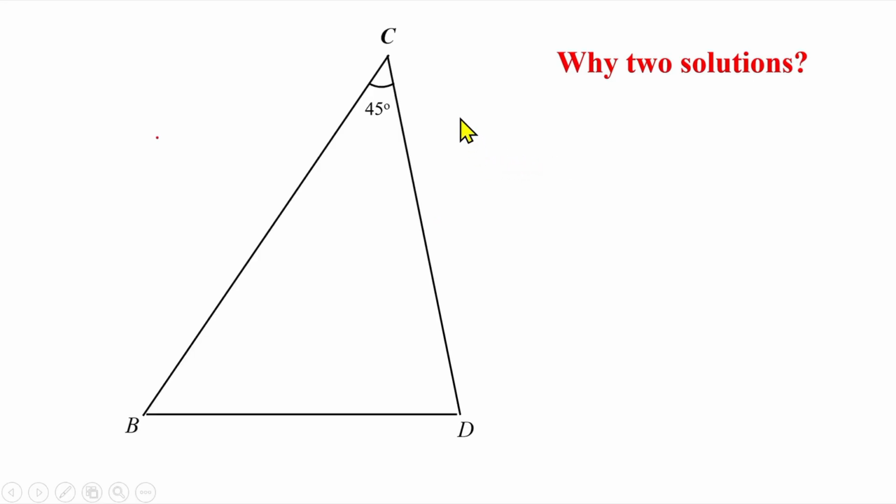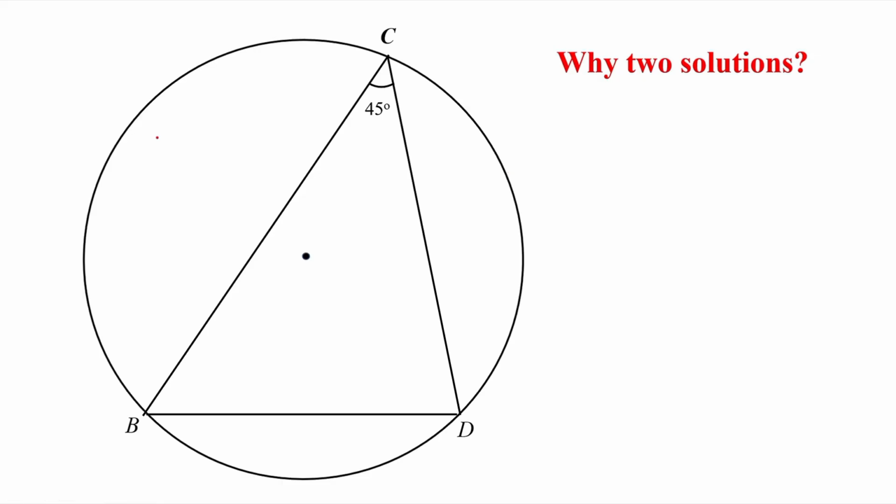So, why do we have two solutions? To answer this question, let's consider arbitrary triangle with angle 45 degrees at vertex C. And let us describe a circle about this triangle.